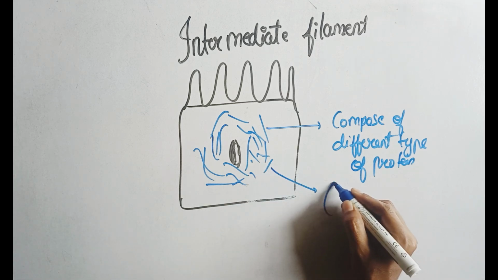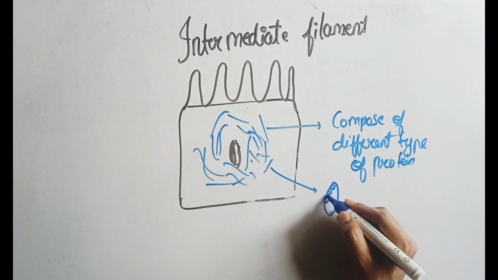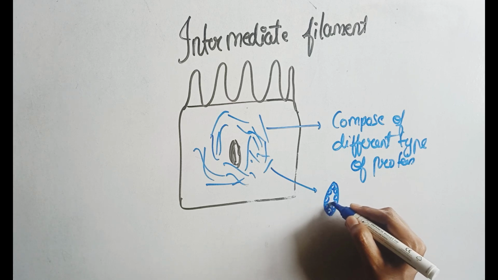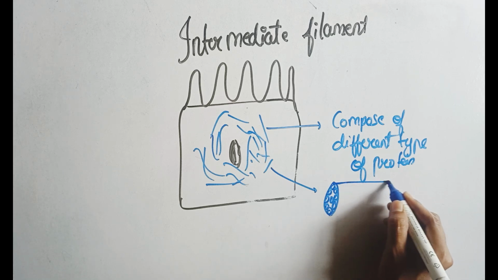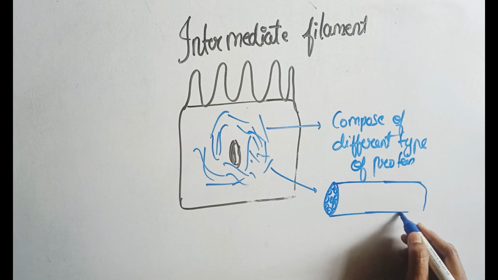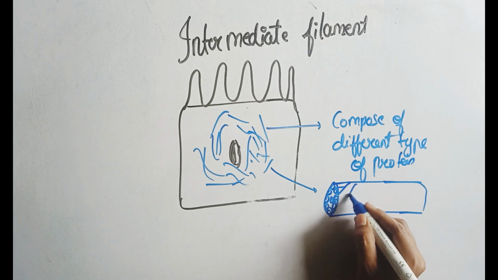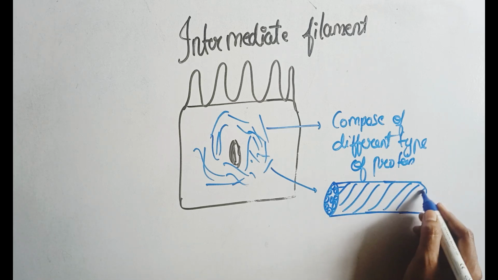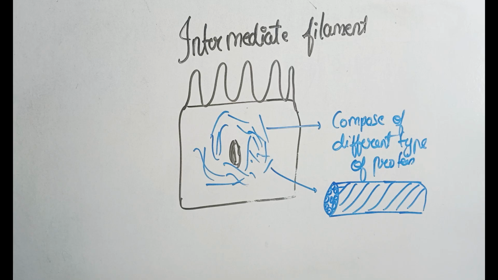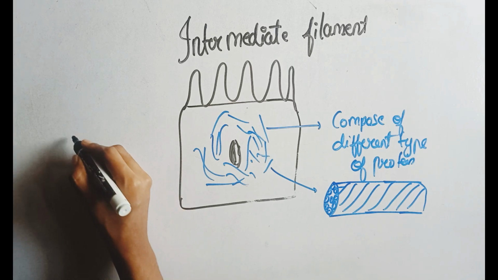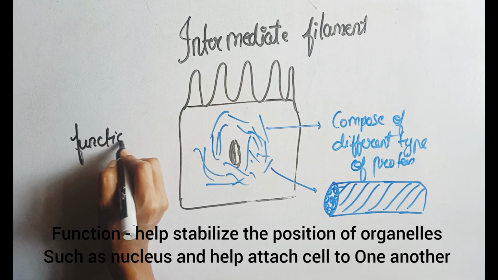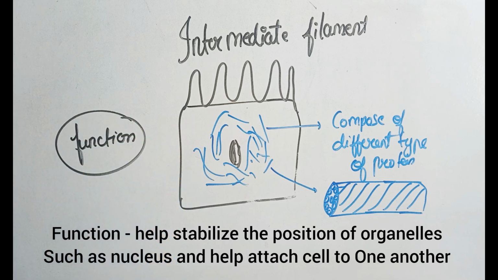As for the structure of the intermediate filament, the diameter is greater as compared to the microfilament, and this is the structure of the intermediate filament. So what are the functions of the intermediate filament? They stabilize the position of organelles and the nucleus.